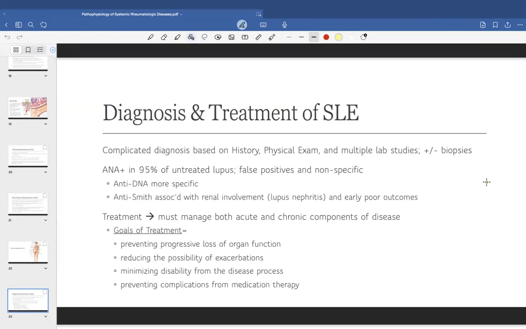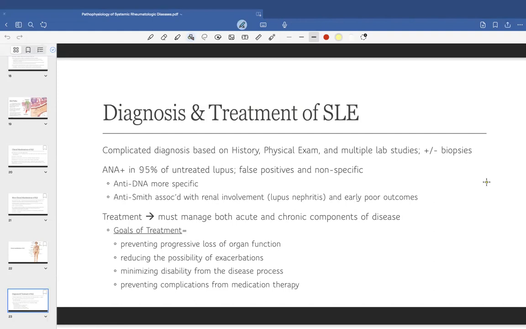So if you're evaluating a patient who comes in for the first time, because ANA is non-specific, because it can be positive in a whole host of other conditions as well.